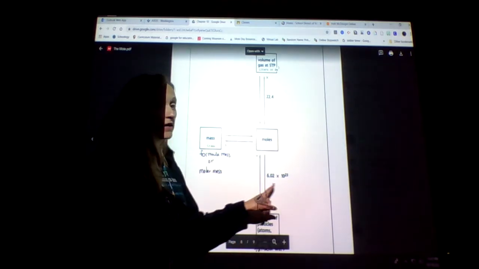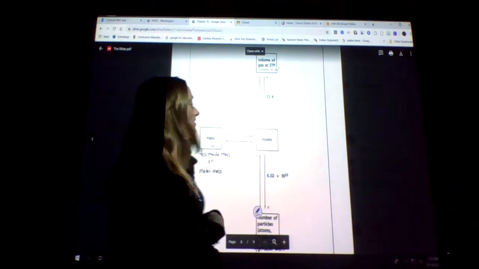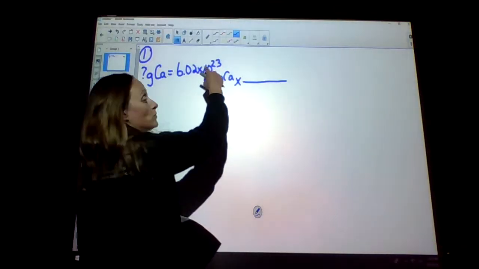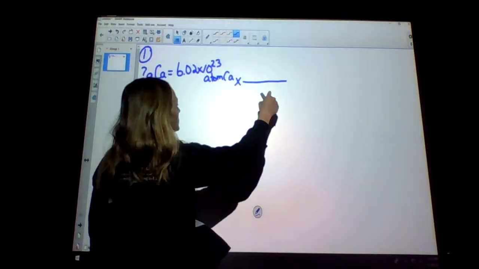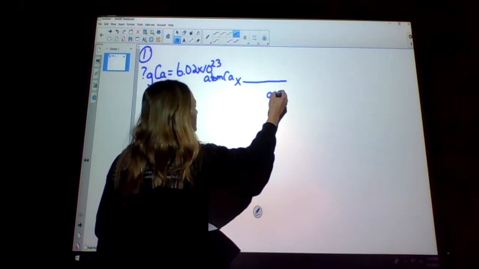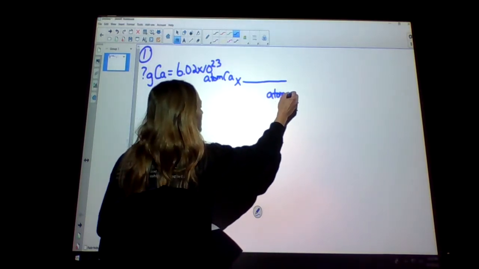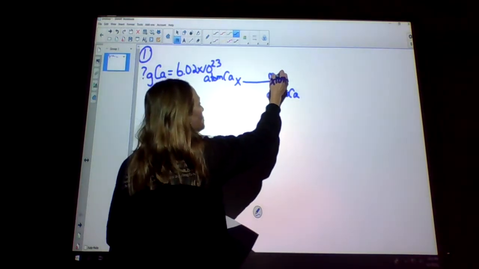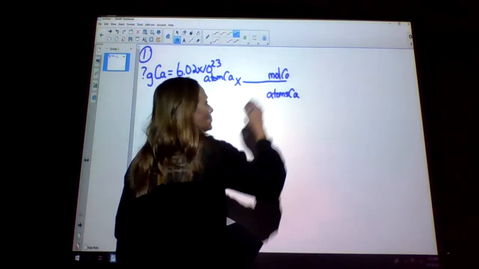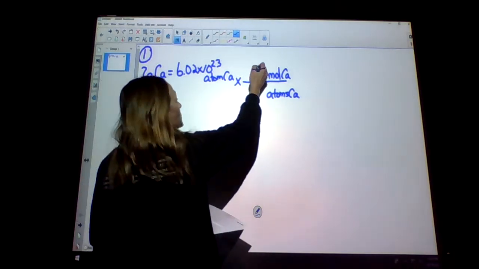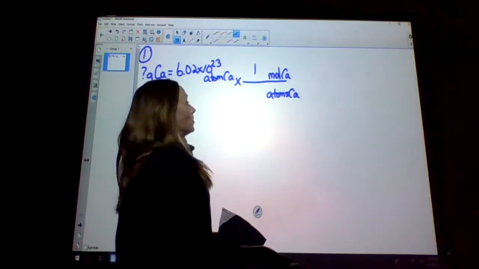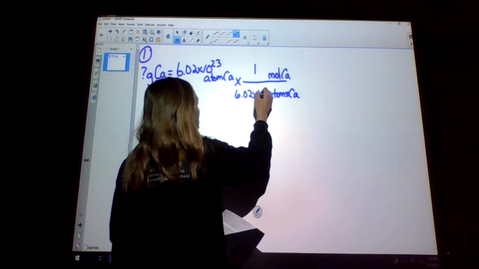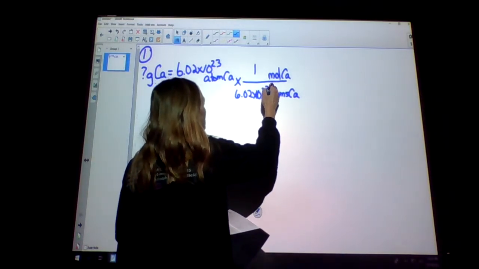We're going to use Avogadro's number in our first equality when we convert over to moles. So if we want atoms to cancel, atoms will go in the bottom. And since we're going to moles, moles of calcium will go in the top. We're going to put a number one with our number of moles, and we'll put Avogadro's number here. Okay.